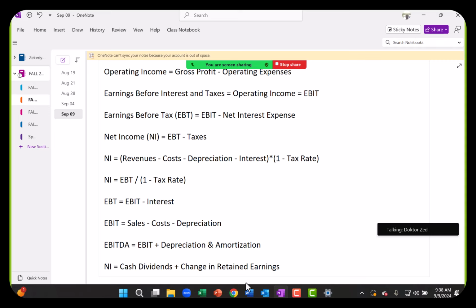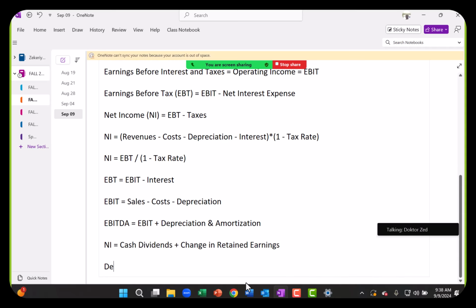And you can solve problems like those either algebraically, I mean, for example, if I solve that for depreciation, algebraically that would be equal to net income divided by 1 minus tax rate.